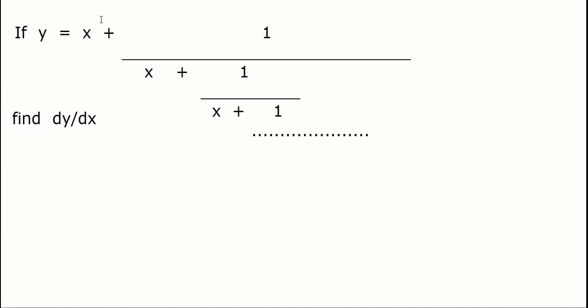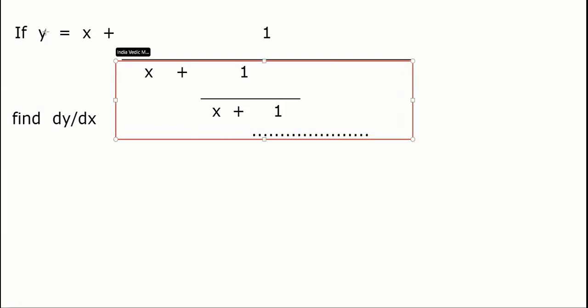So I'll make a box so that everybody understands कि हम लोग क्या करने वाले हैं. Y equal to x plus 1 by x plus 1 by x plus 1 by x plus 1 by. ये पूरा बॉक्स है, राइट निष्ठा?